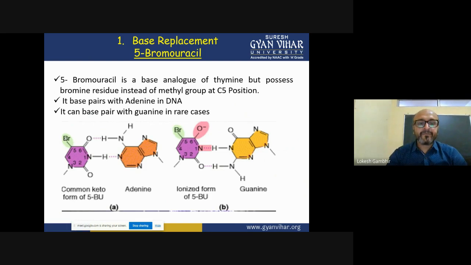So what will be happening? It will go and form a double bond with the adenine residue. So instead of AT, now there is a bond of A and 5-bromouracil. Although in certain rare cases, it can also pair up with the guanine residue if it's in the ionized form.